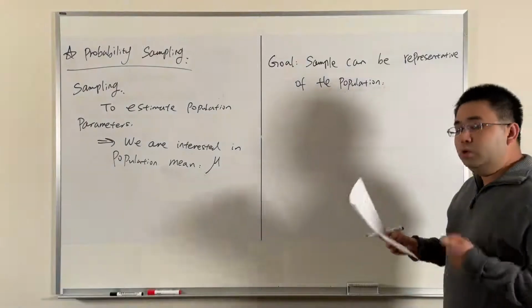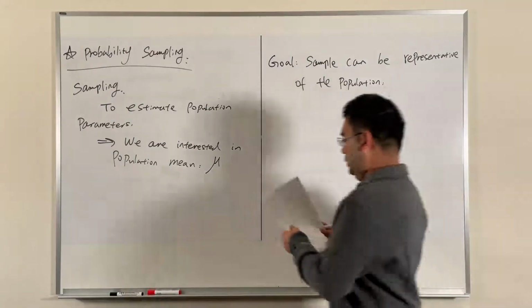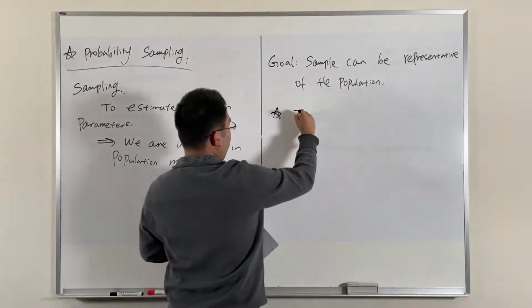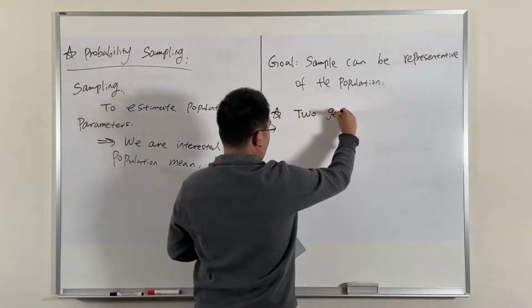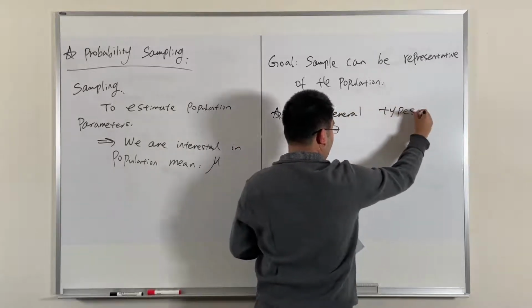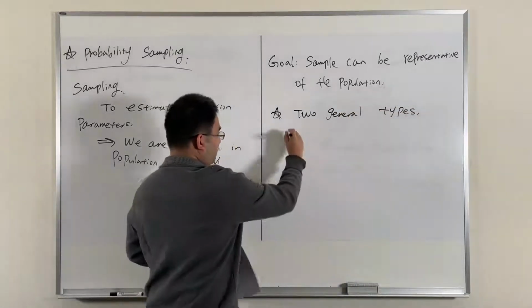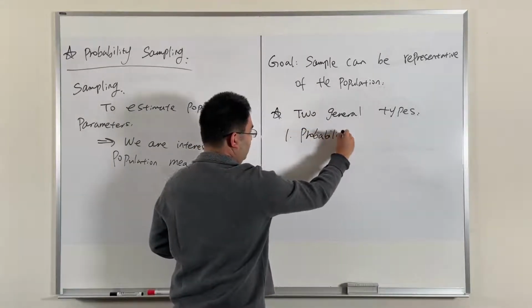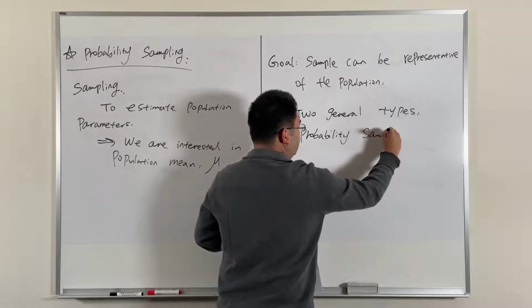Then there are two general types of ways to sample. First type is what we call probability sampling.